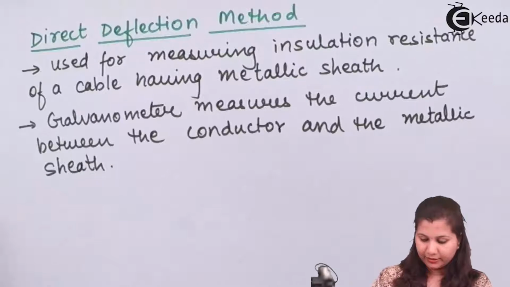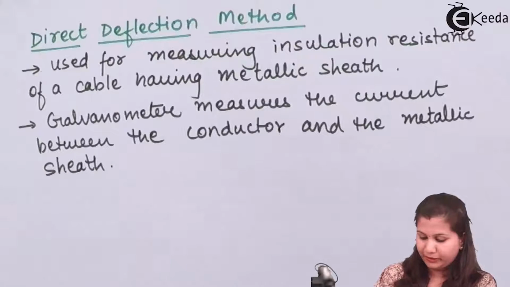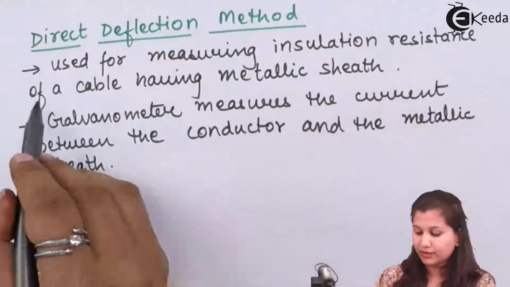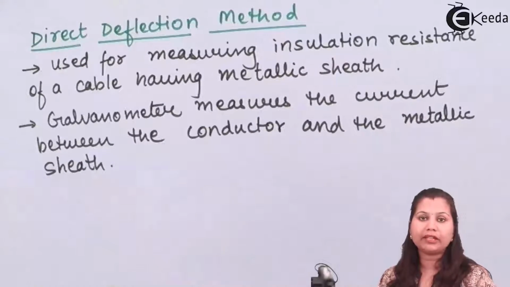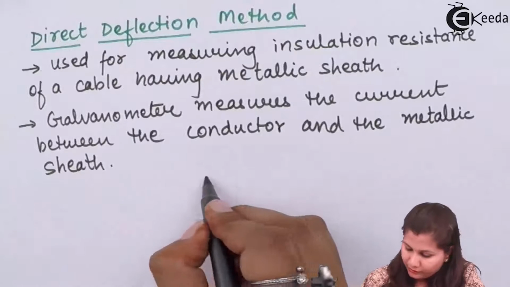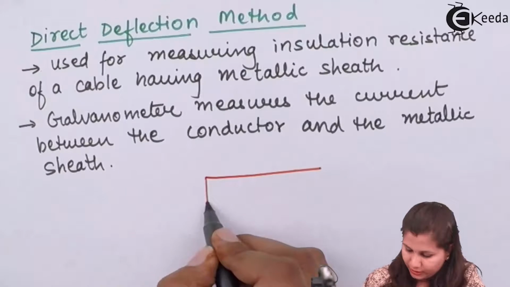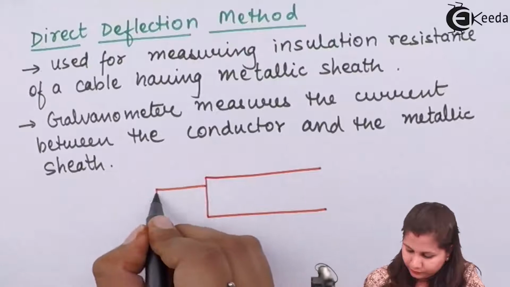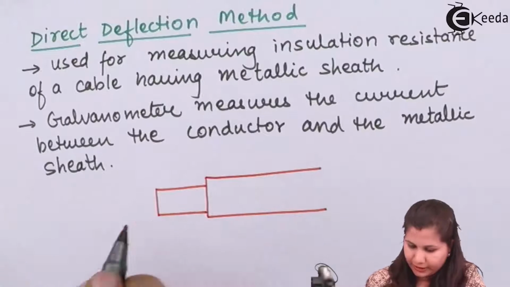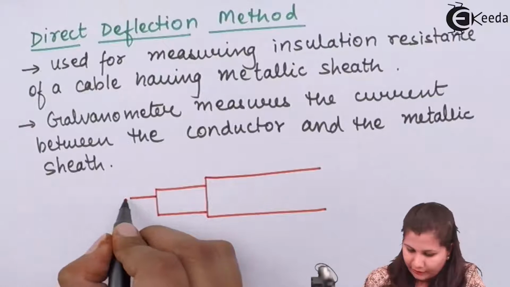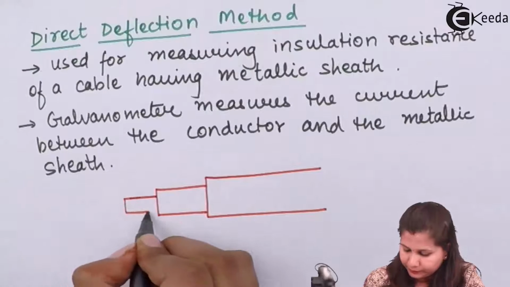So let's see the circuit for this direct deflection method. In this method, we are measuring the insulation resistance of a cable which has a metallic sheath over here. So here we will have that metallic sheath. In that we will have the insulating material, and inside we will have the conductor.